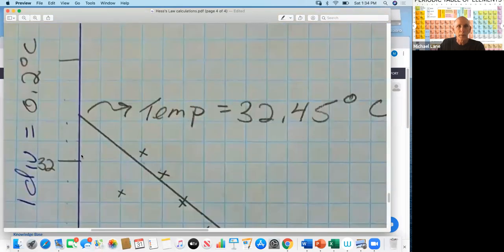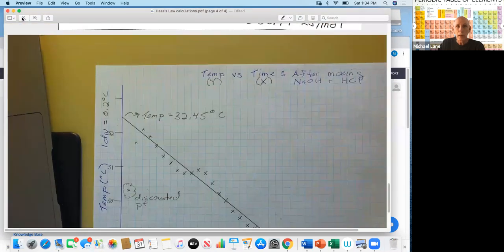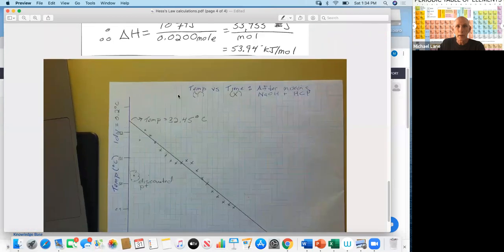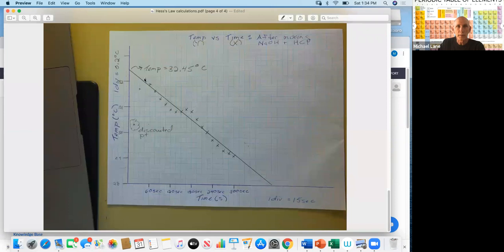So if each of these divisions is 0.2, there's 32.2, there's 32.4, right there, halfway would be 32.5. This is 32.45.